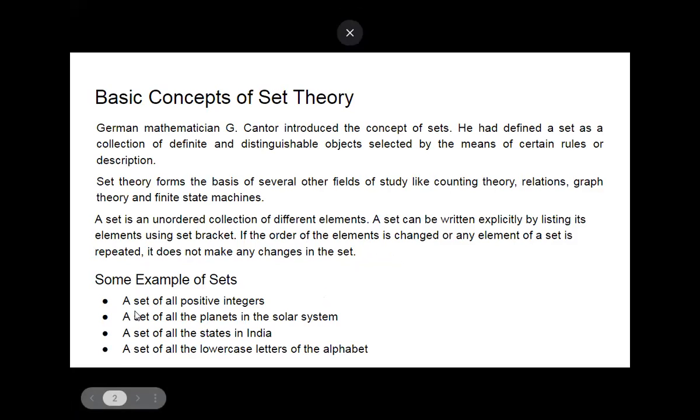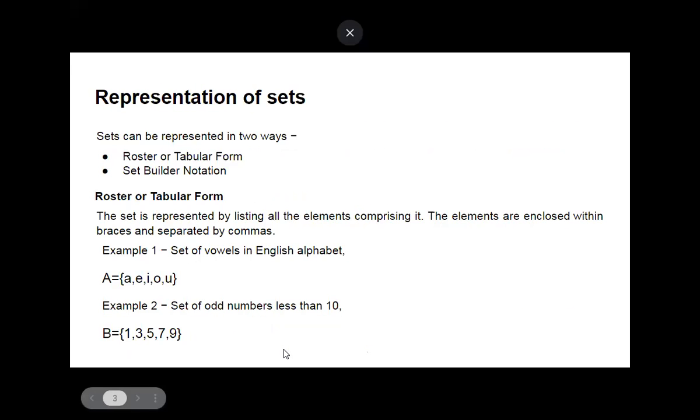We have examples of sets, that is a set of all positive integers, all planets in the solar system, all states in India, all the lowercase letters in the alphabet. Then the representation is there, that is roster or tabular form and set builder notation. In this method, if A is the set of vowels in the English alphabet, it will be given in curly braces: a, e, i, o, u.